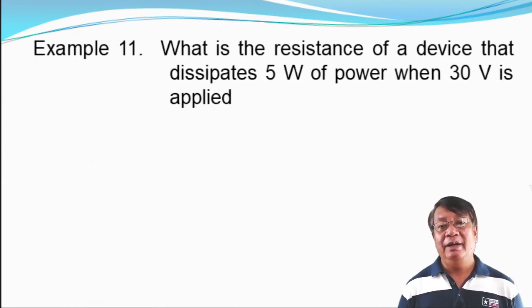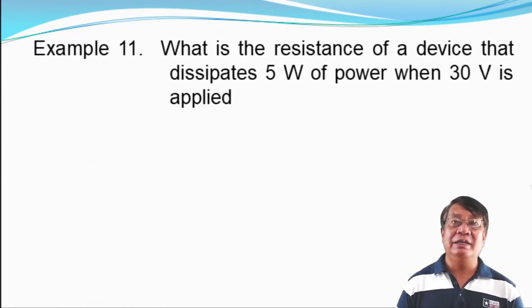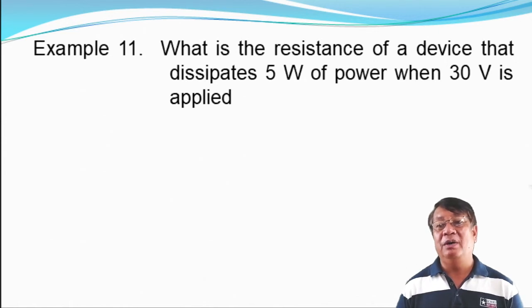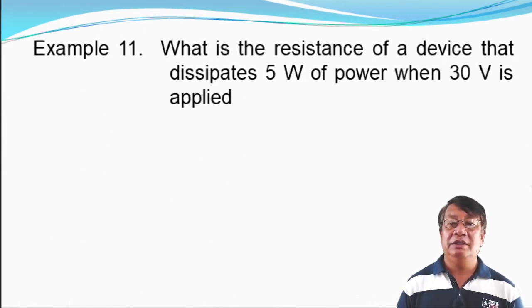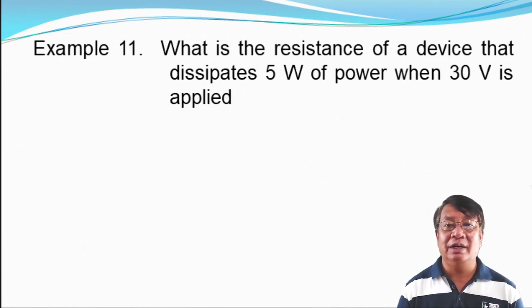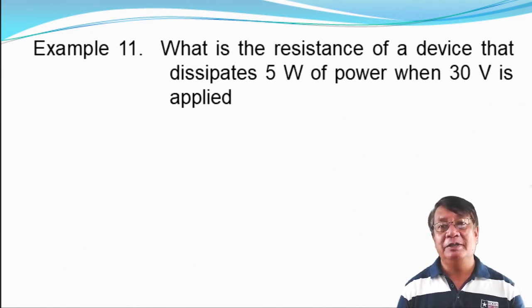Okay. So example number 11. What is the resistance of the device that dissipates 5 watts of power when 30 volts is applied? The resistance is our unknown, and the power is given with the voltage applied.